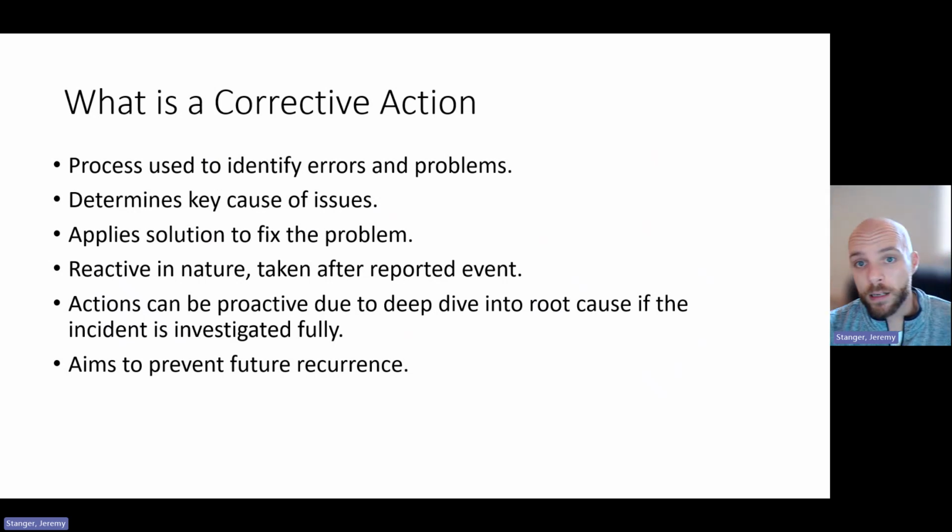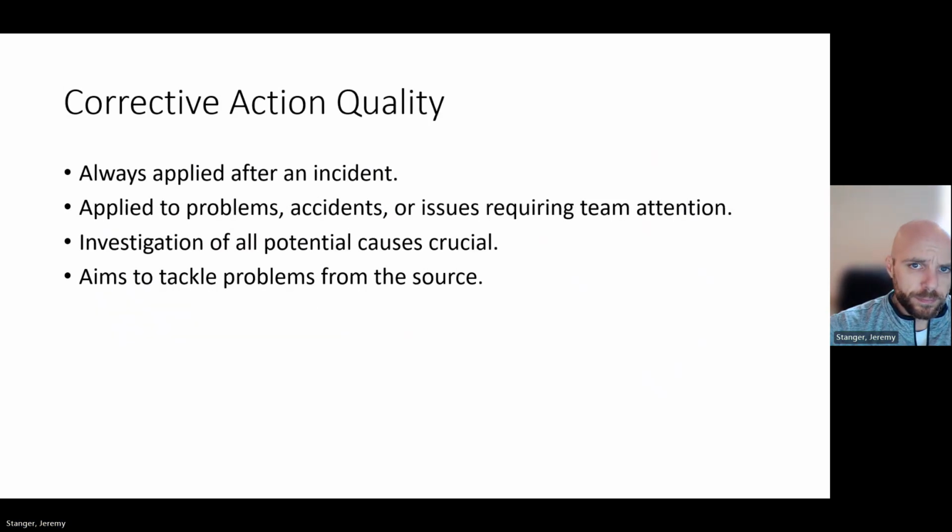Maybe it's not so proactive, but it's, hey, we do have a problem X and we implement solution Y and it solves for X, right? It's pretty simple, pretty basic. It aims to prevent future reoccurrence. Everything that we do, especially from an incident reporting and a corrective action, preventive action standpoint, is to prevent reoccurrence from happening, or the severity of that problem from increasing.